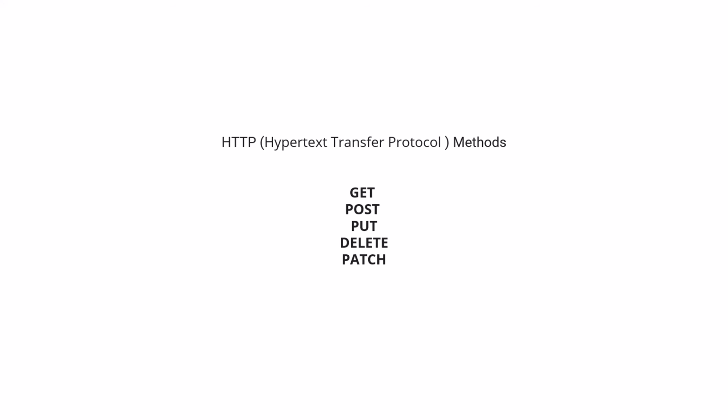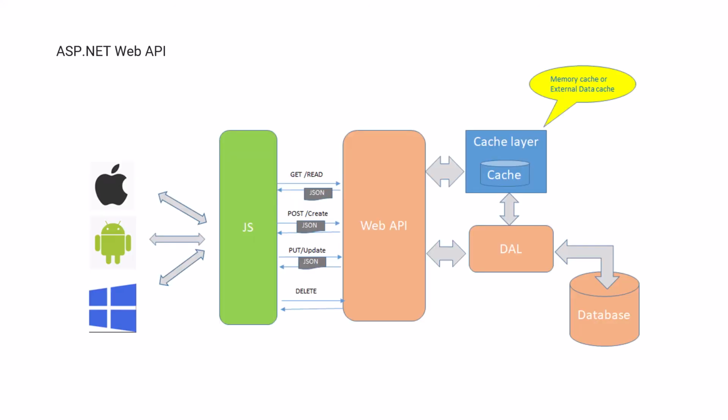on the web resources. This is how the pipeline of ASP.NET Web API works. We can have different applications. It can be iOS, Android, Windows, whatever. I can have some JSON or JavaScript interface.